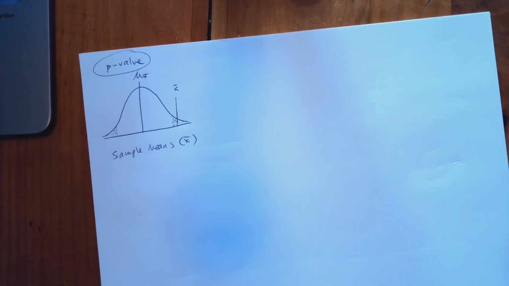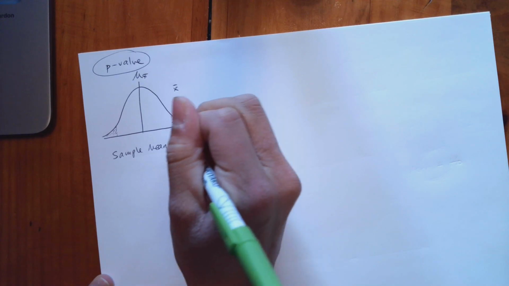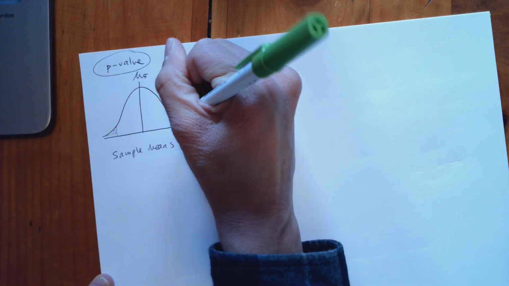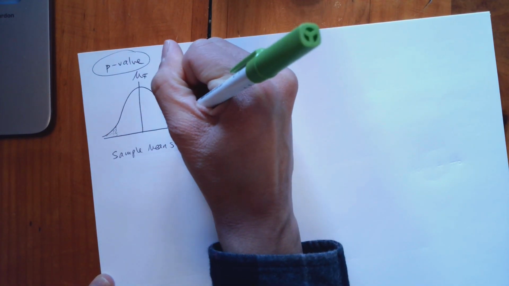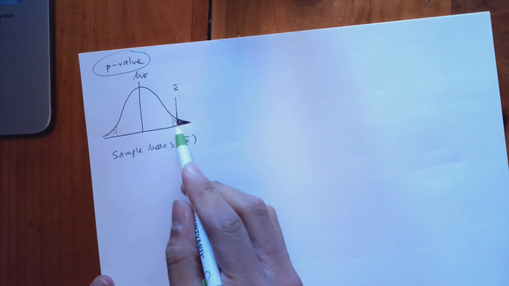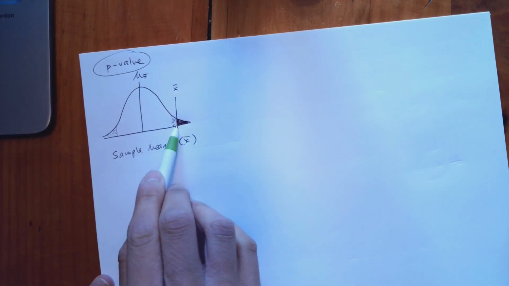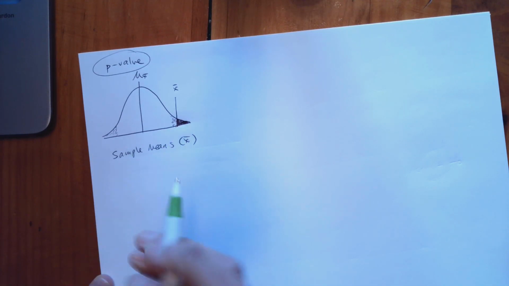What the p-value tells you is the probability of getting a sample statistic as extreme as your sample or more extreme. In other words, the p-value corresponds to the amount of the graph that's shaded at the value of your sample statistic or at a more extreme value.